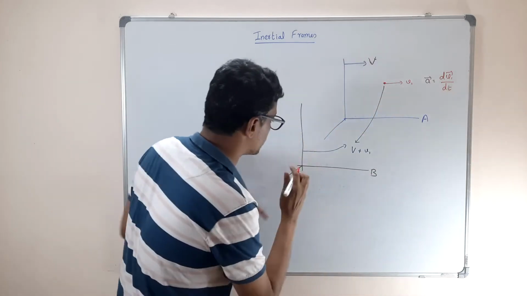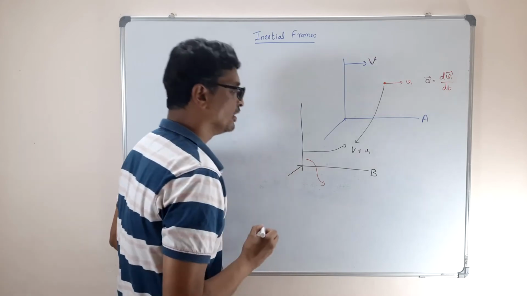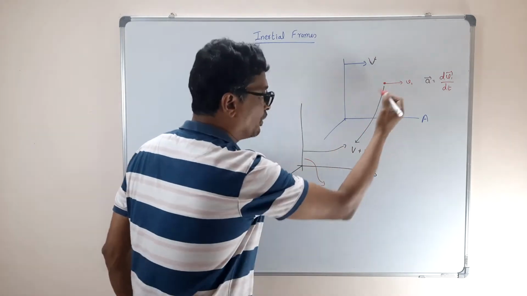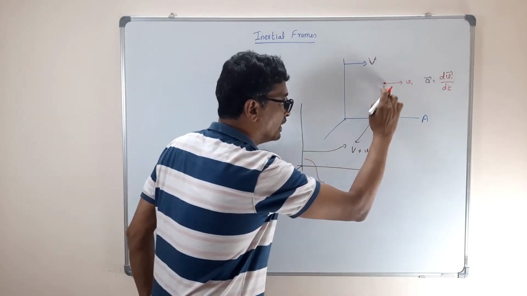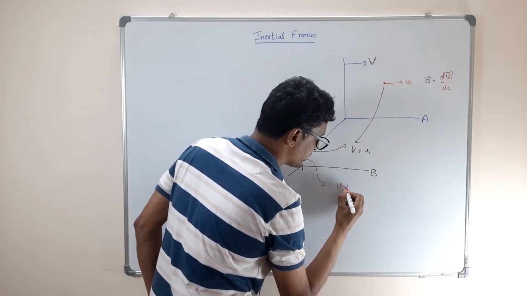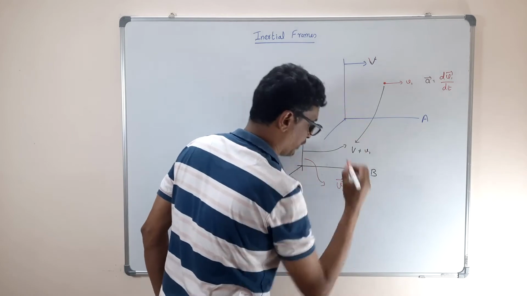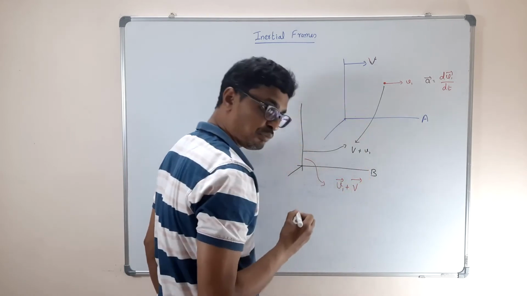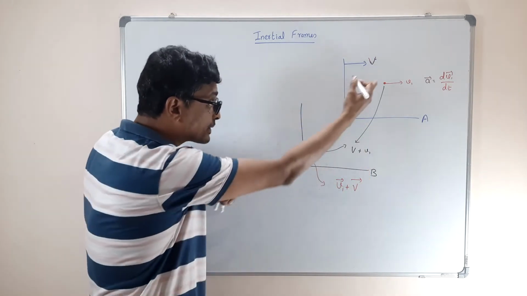Now for this person, what is the velocity of this object? It is v1 plus the velocity of the frame, v. Am I right? Now he wants to find out the acceleration of this object.